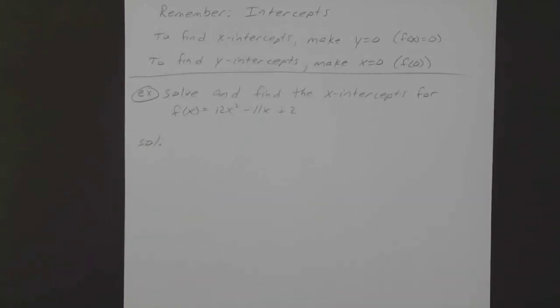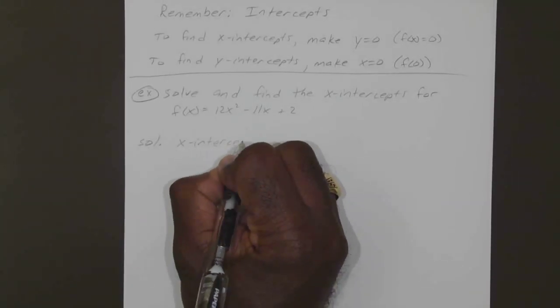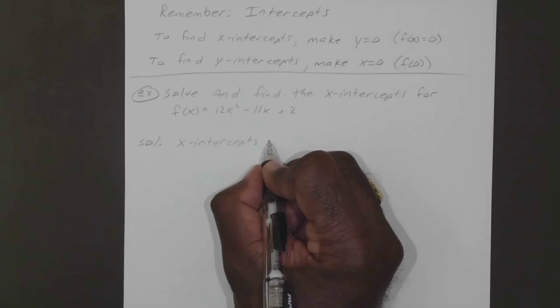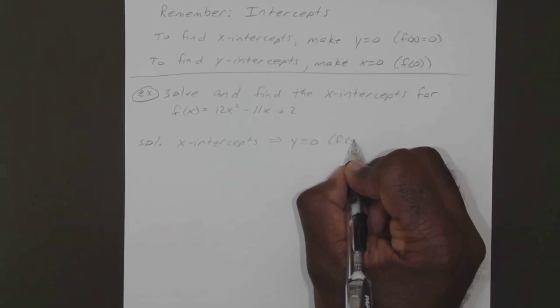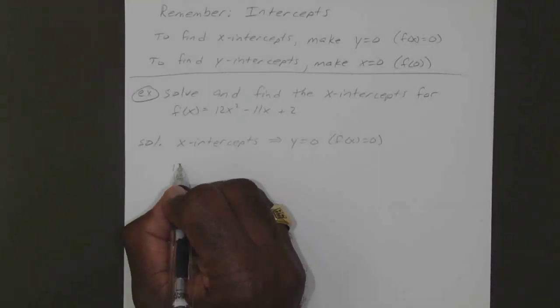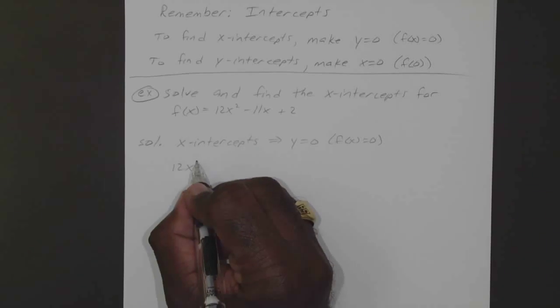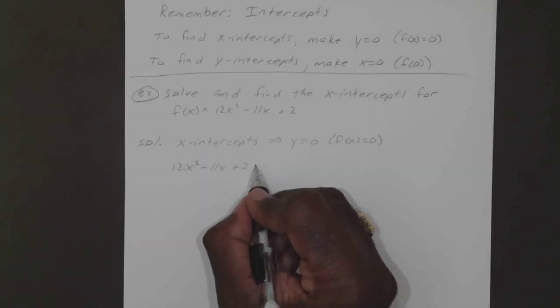Since we already know that when you're looking for the x-intercept, you make y equal 0, or f of x equals 0, that means we want to solve 12x squared minus 11x plus 2 equals 0.